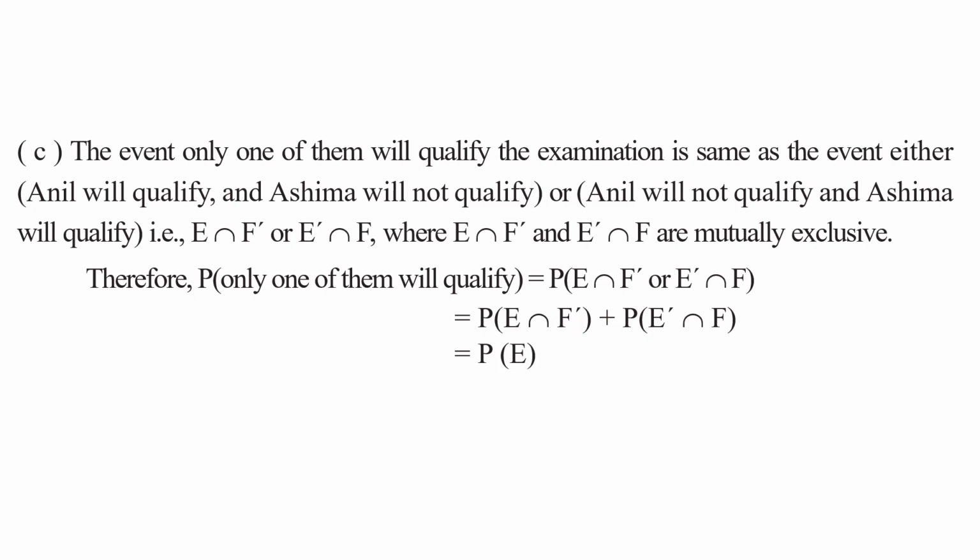That is equal to P of E minus P of E intersection F plus P of F minus P of E intersection F. Okay, my children? E intersection F dash denotes E minus E intersection F. E dash intersection F denotes F minus E intersection F. Understood this step, my children?